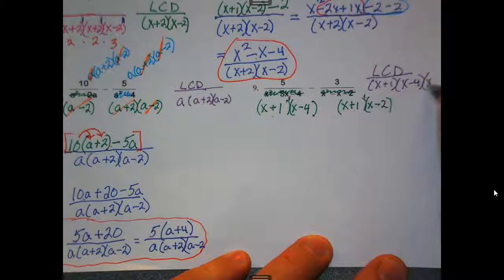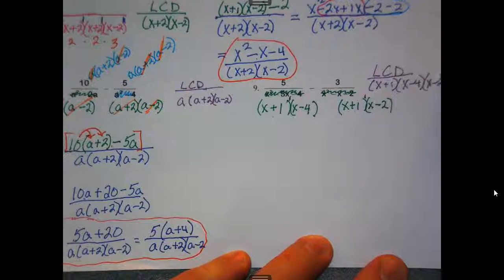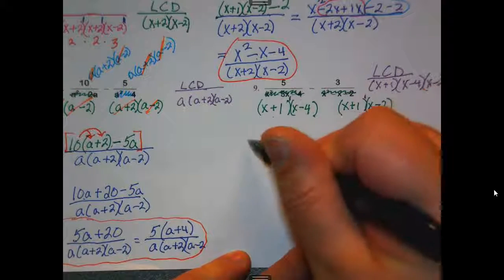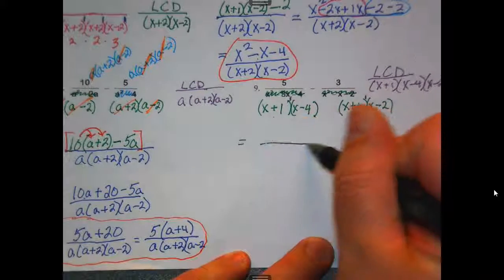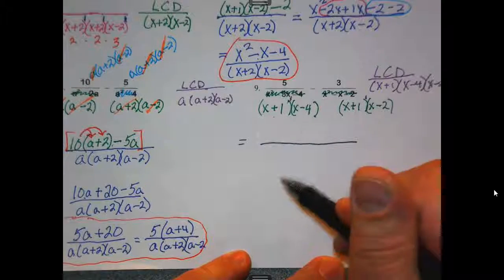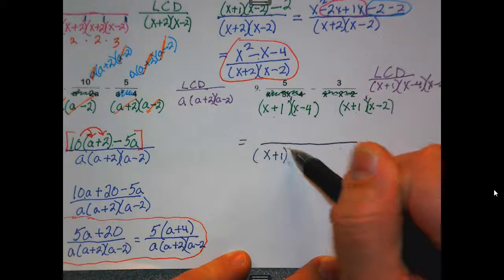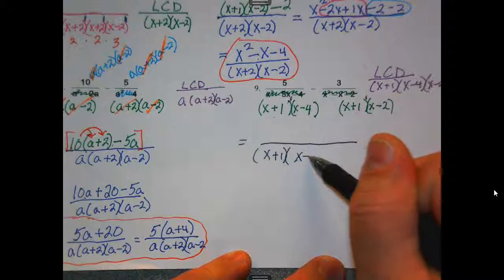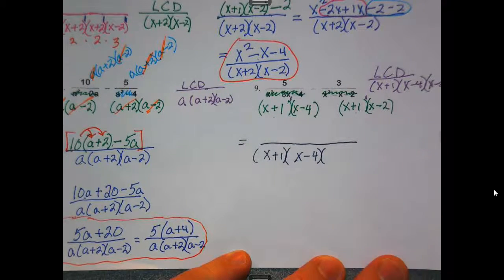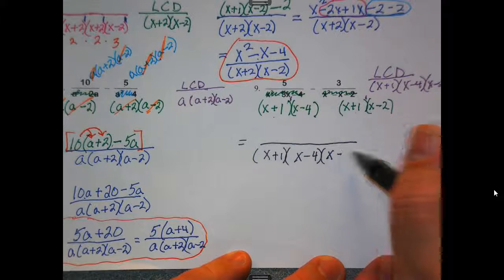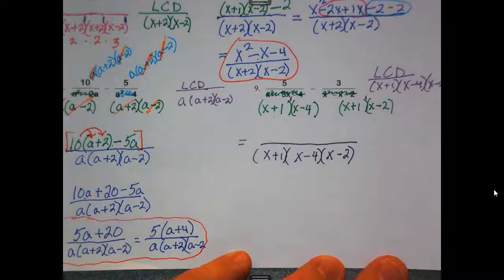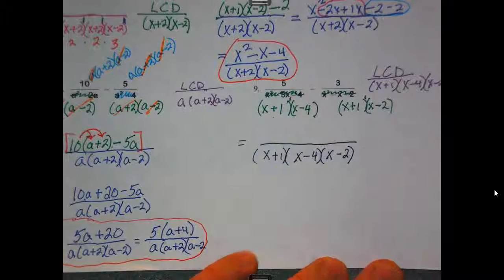So I got a pretty large LCD. So I have x plus 1 times x minus 4 times x minus 2.